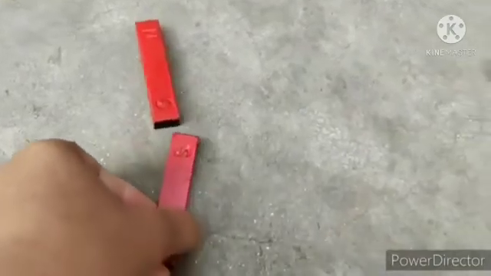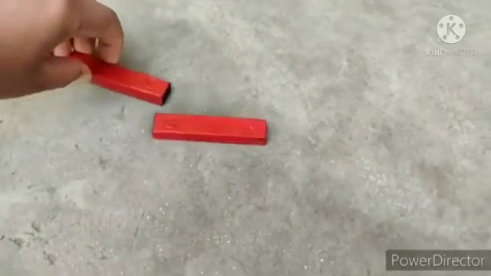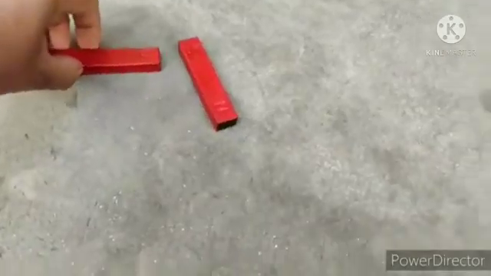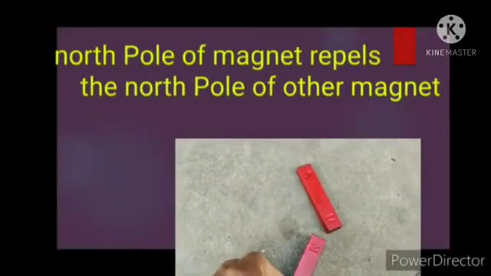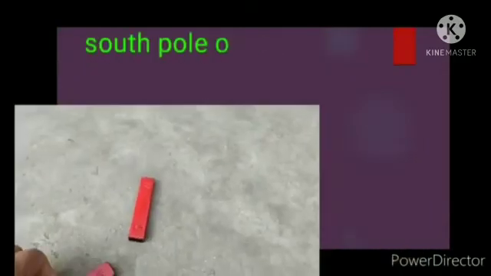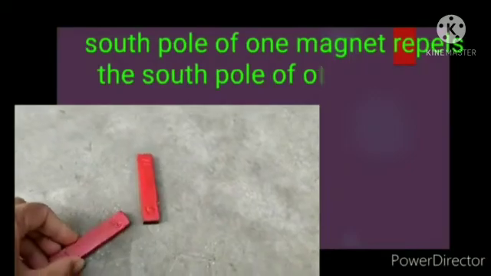Like the same, the south and south poles also move away from each other. Not only these two, all magnets do the same. So the north pole of a magnet repels the north pole of the other magnet, and the south pole of one magnet repels the south pole of the other magnet too.